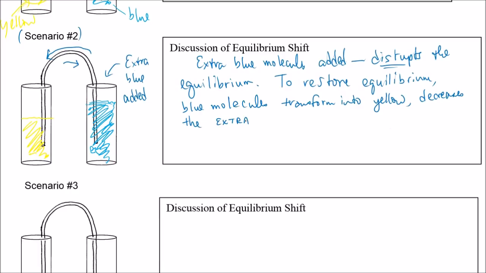So if you add extra, then the equilibrium shifts to remove the extra. So the shift would be, if you add extra, take some away. Now in chemistry you can't just destroy the atoms that were added. They can only be removed really by shifting to the other side of this chemical equation. So this is called a shift to the left. Equilibrium shifts left in my picture.